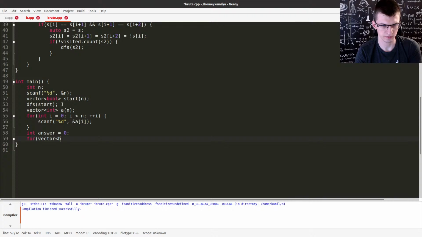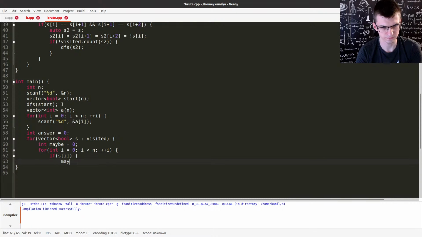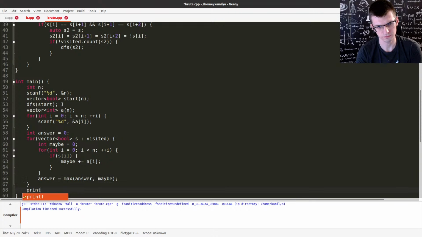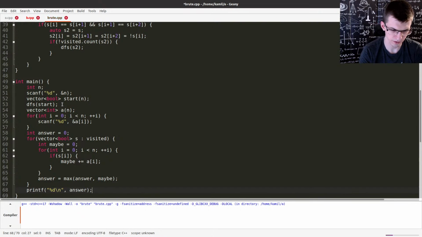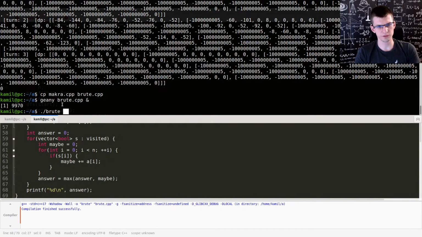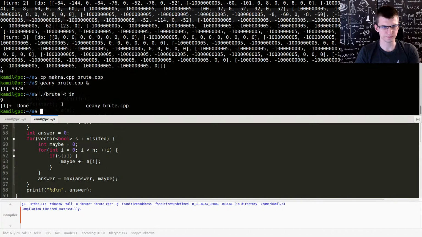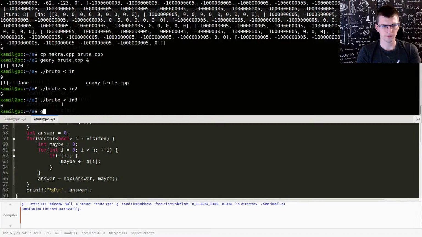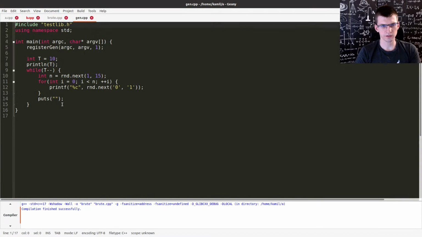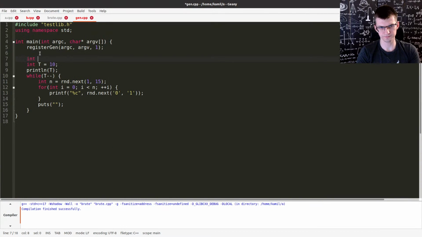For every state, the possible answer is... this is an exponential brute force, complexity is 2 to the nth power. I have some kind of generator here. I do, cool.